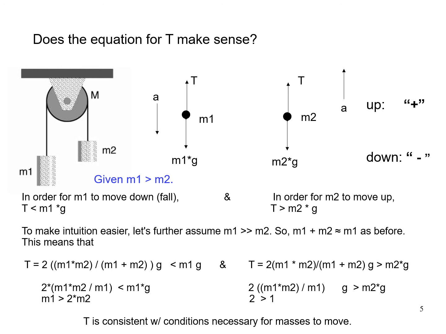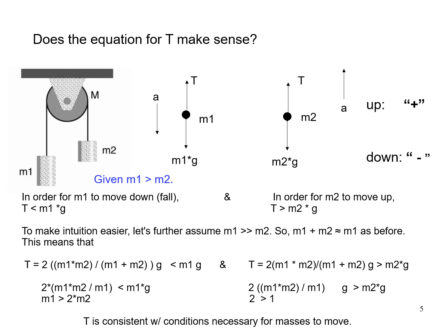Given the condition that m1 plus m2 is approximately m1, we reduce our initial equation to the equation 2 greater than 1. Since we know this is true, we can work backwards to get the second equation, and then backwards again to get our original equation. And we can now conclude that our original equation, T is greater than m2 times g, is in fact true.